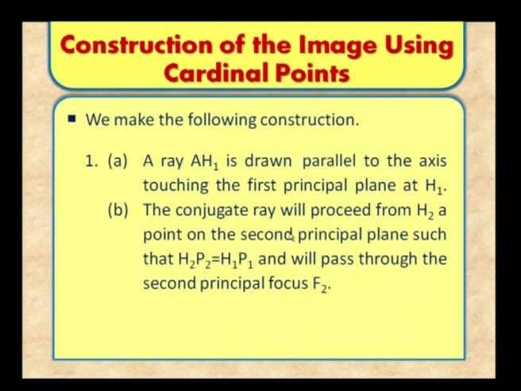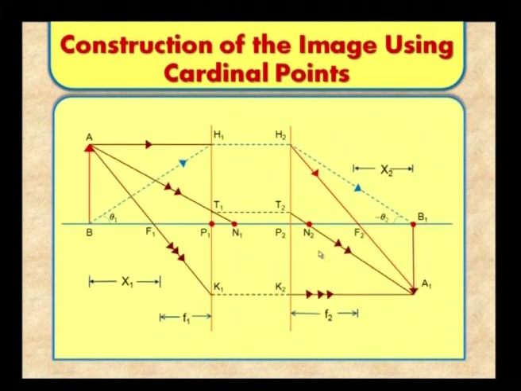The conjugate ray will proceed from H2, a point on the second principal plane such that H2P2 is equal to H1P1, and will pass through the second principal focus F2. So, this is the second principal focus F2. H1 and H2 are the 2 conjugate points. So, the light ray which is incident here, the conjugate point is H2.